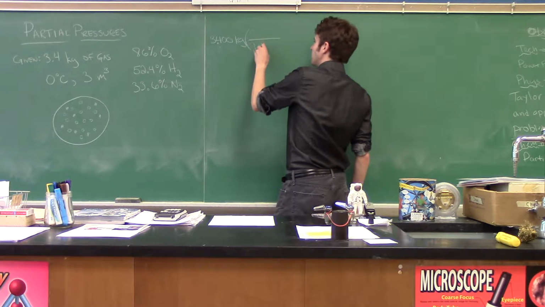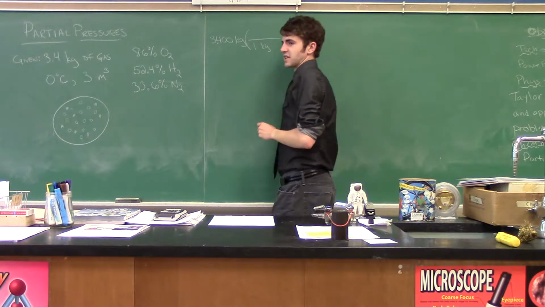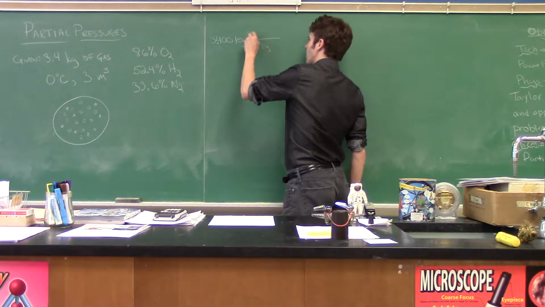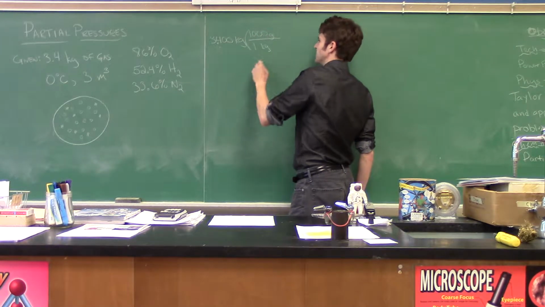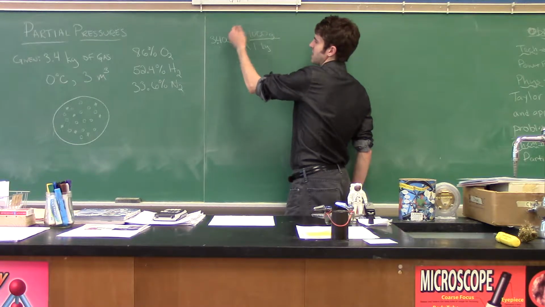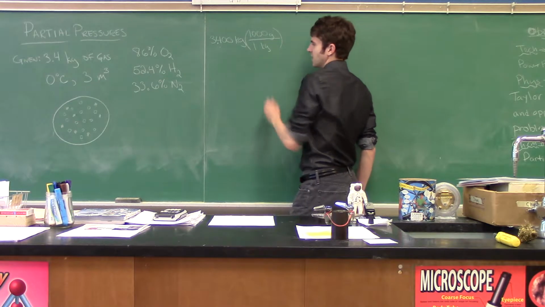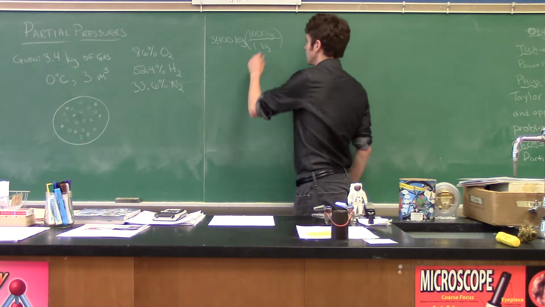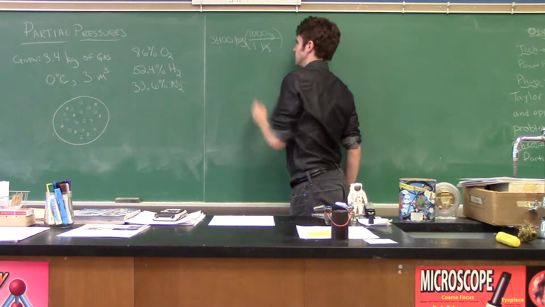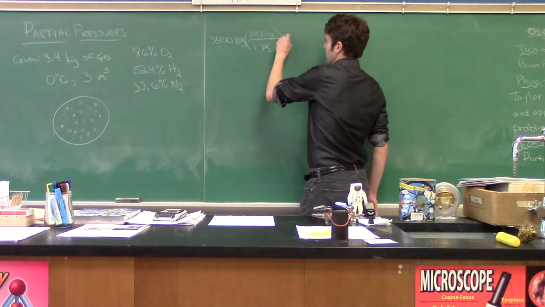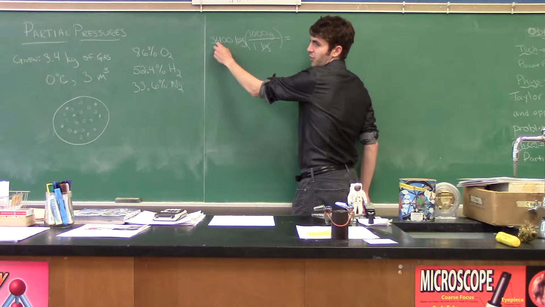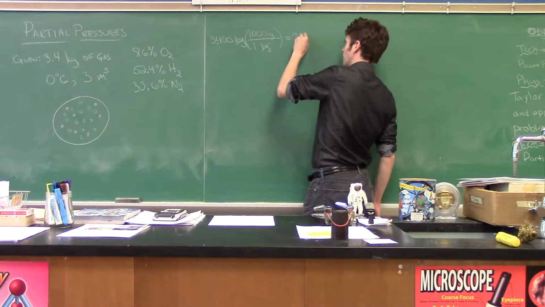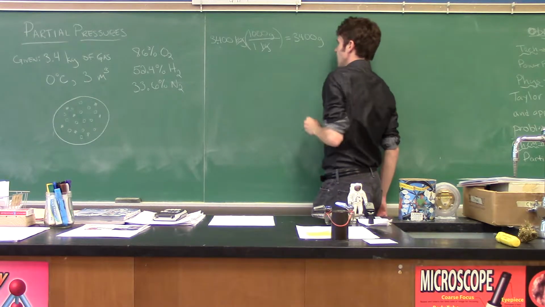So for every 1 kilogram, that's the unit that we want to cancel on the bottom, I have 1,000 grams. That's what the prefix kilo means, 1,000. Now by carrying out this multiplication, just my kilograms will cancel, and 3.4 kilograms become 3,400 grams.